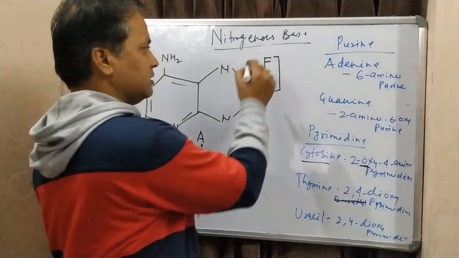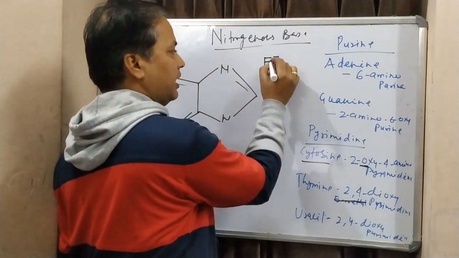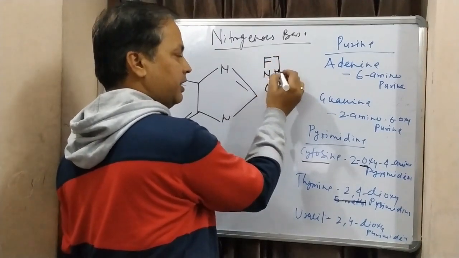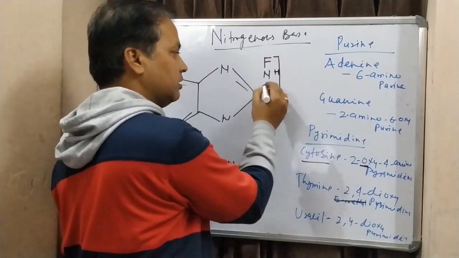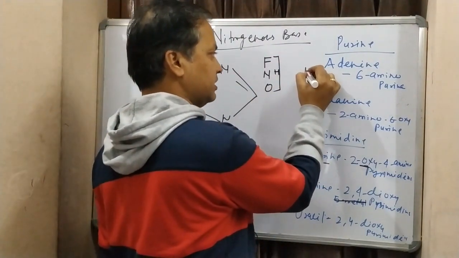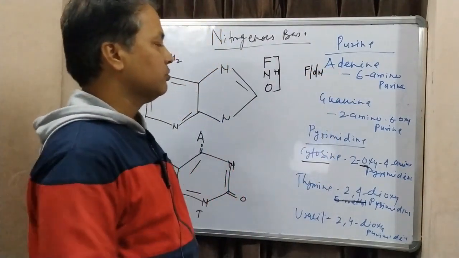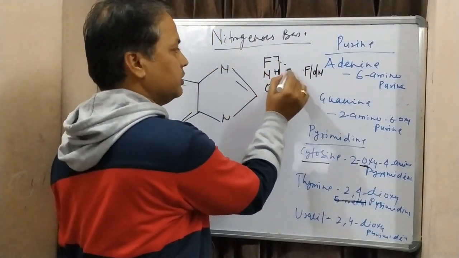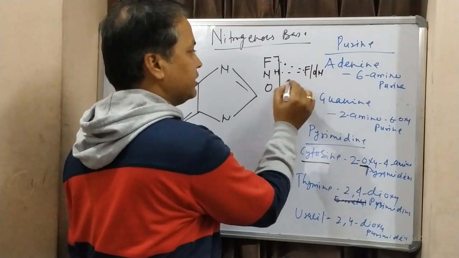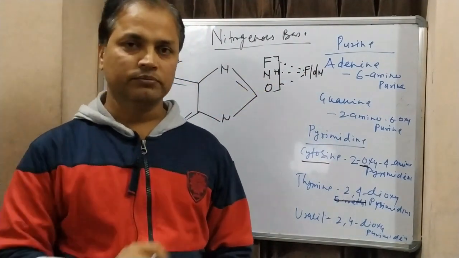So whenever these three elements are associated with hydrogen, either as FH, NH2, NH or OH, and at a specific distance another fluorine, oxygen or nitrogen is there, a kind of attractive force works there. This attractive force is called hydrogen bonding.